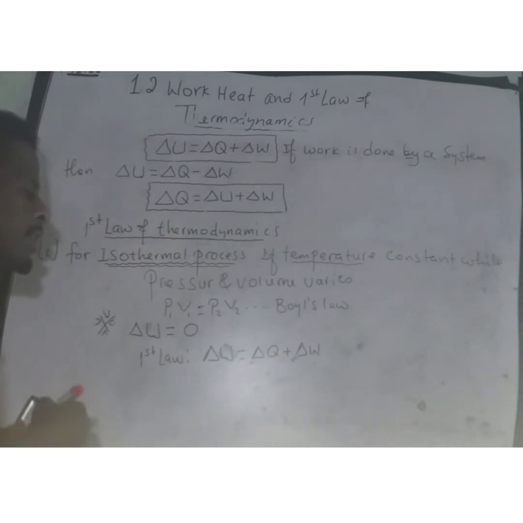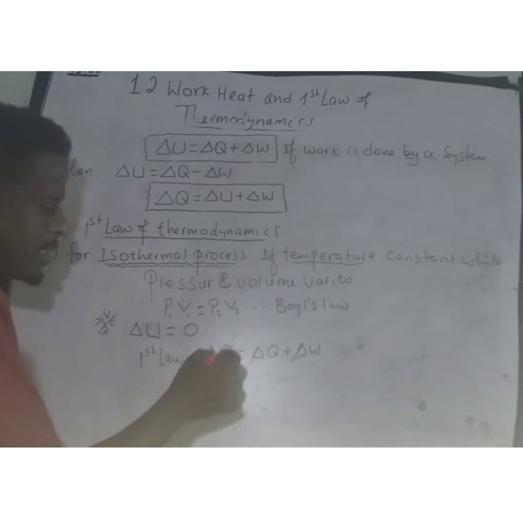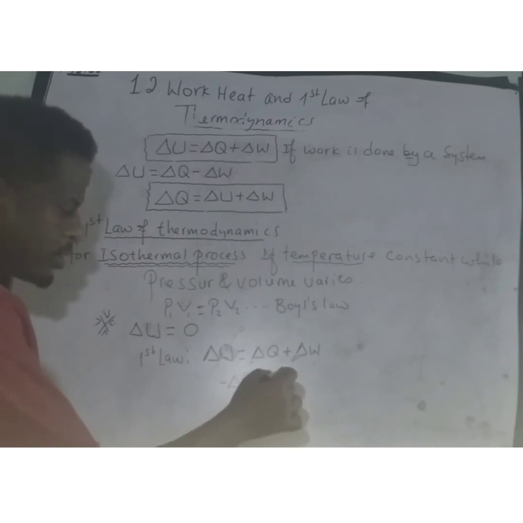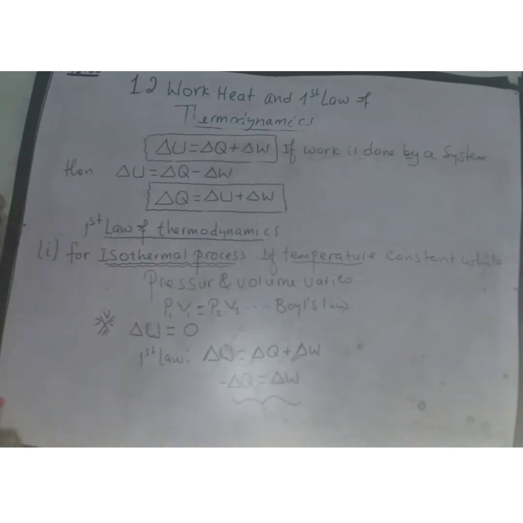But since temperature is constant, the increase in the internal energy becomes 0. When we shift heat energy to the left, it becomes a minus. Then minus change in Q equals change in work done. This is the first law of thermodynamics for an isothermal process.